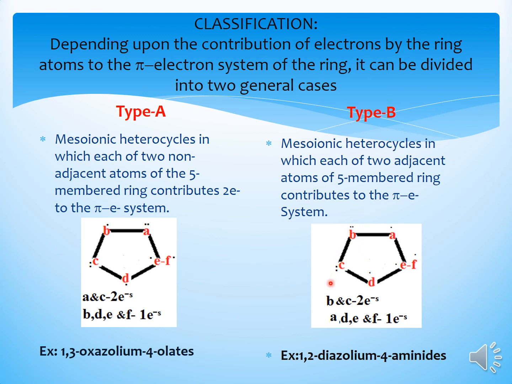That is, 2 electrons will be contributed by B and C, whereas A, D, E and F will contribute 1 electron each, whereas B and C will contribute 2 electrons.